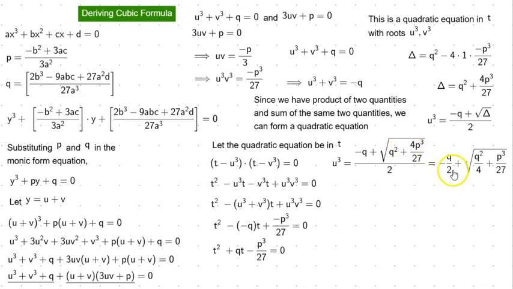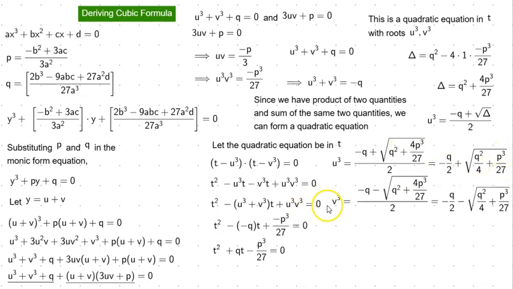So 4 cancels out. We get plus p cube by 27. Similarly, v cube is equal to, now the negative part, minus q minus square root of q square plus 4p cube by 27, by 2, which is equal to minus q by 2 minus square root of q square by 4 plus p cube by 27.